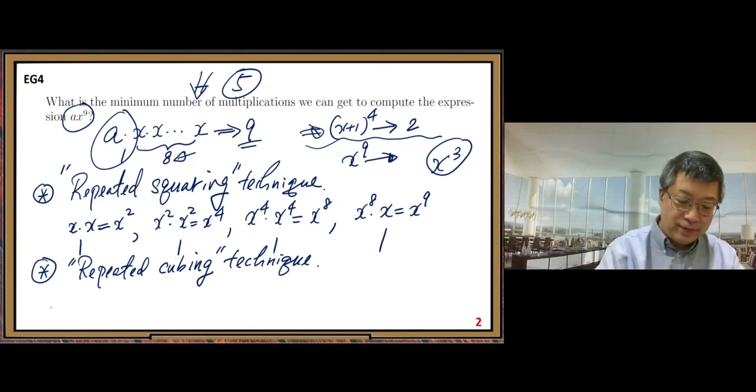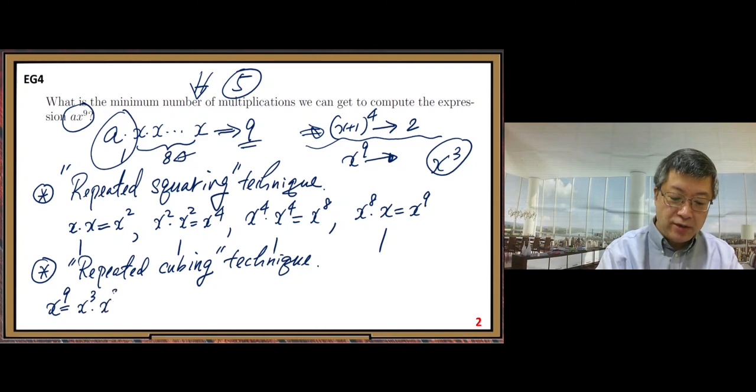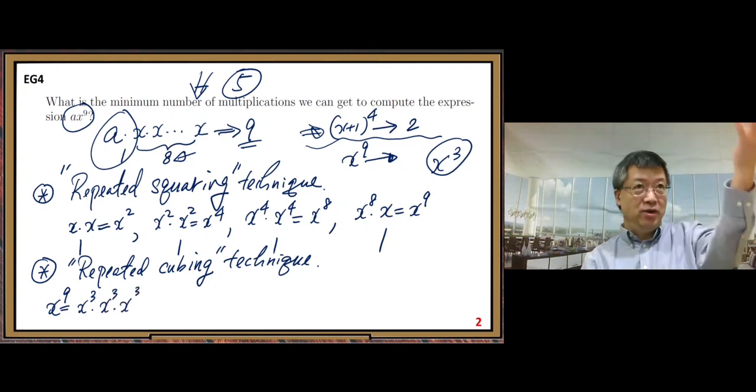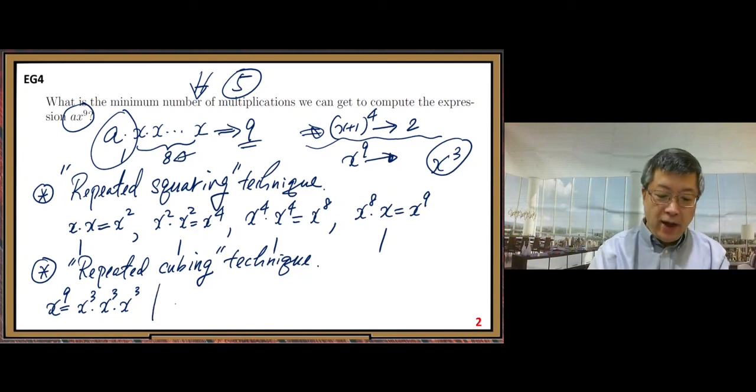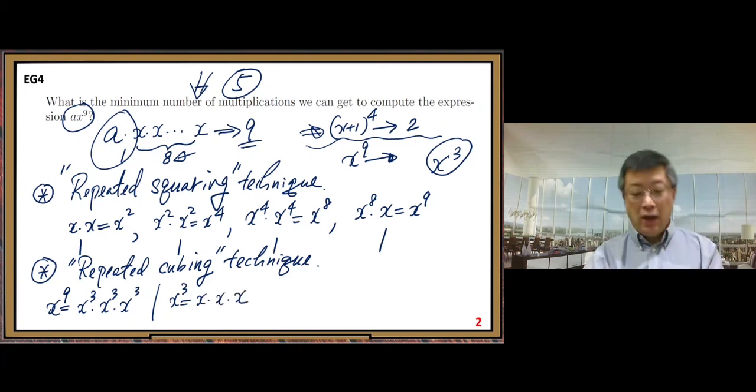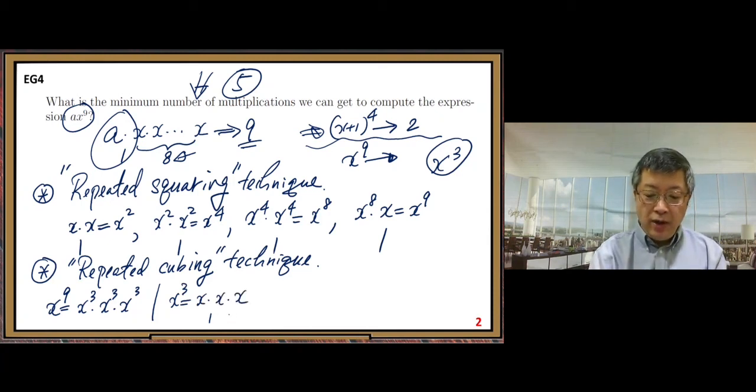All right. X to the ninth equals x to the third times x to the third times x to the third, right? Cubing, cube, okay? All right. Then x to the third, if we calculate x times x times x, okay? Yeah. So 2 multiplications, 1 here, 1 here.